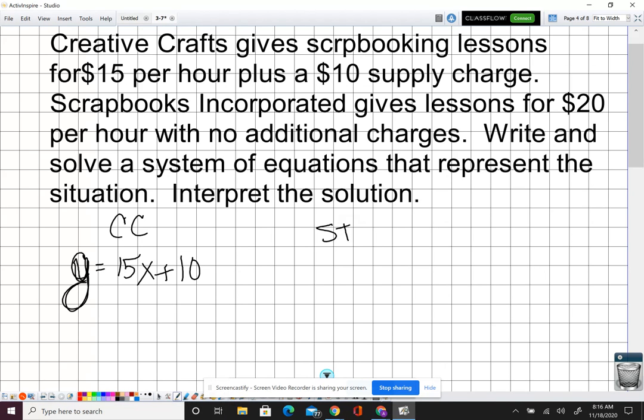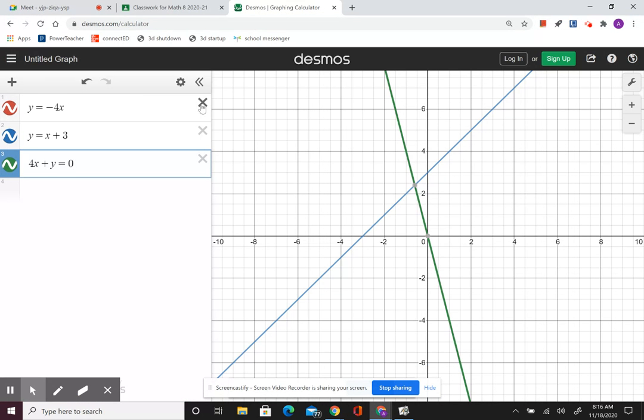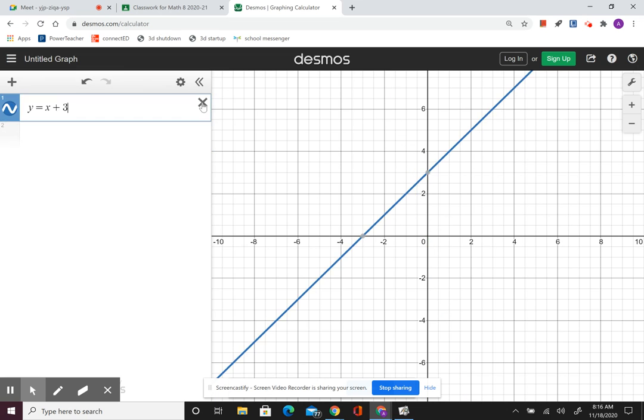The Scrapbook Incorporated is Y equals $20 an hour, so 20x, and there's nothing that they're charging for any additional fees. So I'm going to remember those equations. I'm going to go to Desmos, and I'm going to clear off these, and I'm going to type them in.